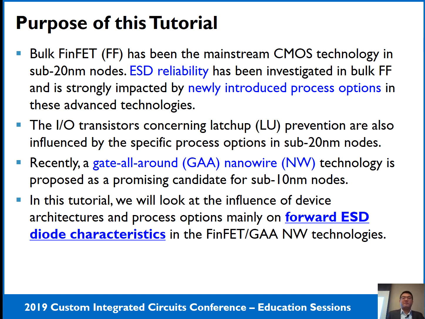Then next to bulk FinFET, the gate-all-around device architecture will be the promising candidate for sub-10, even sub-7 nanometer technology node. So in this tutorial, for sure, we will look at the influence of the device architecture and the process option, mainly on forward ESD diode behavior in this FinFET or gate-all-around device architecture.